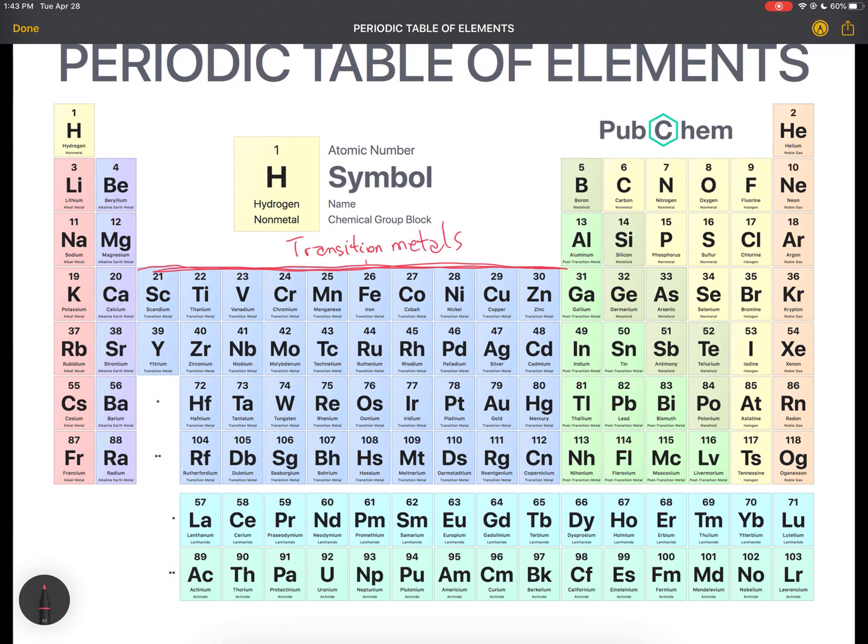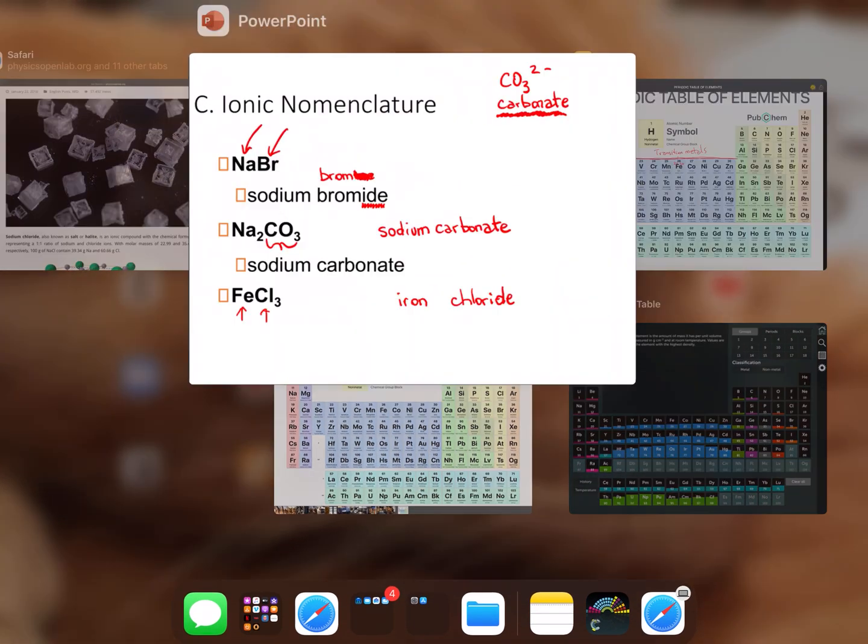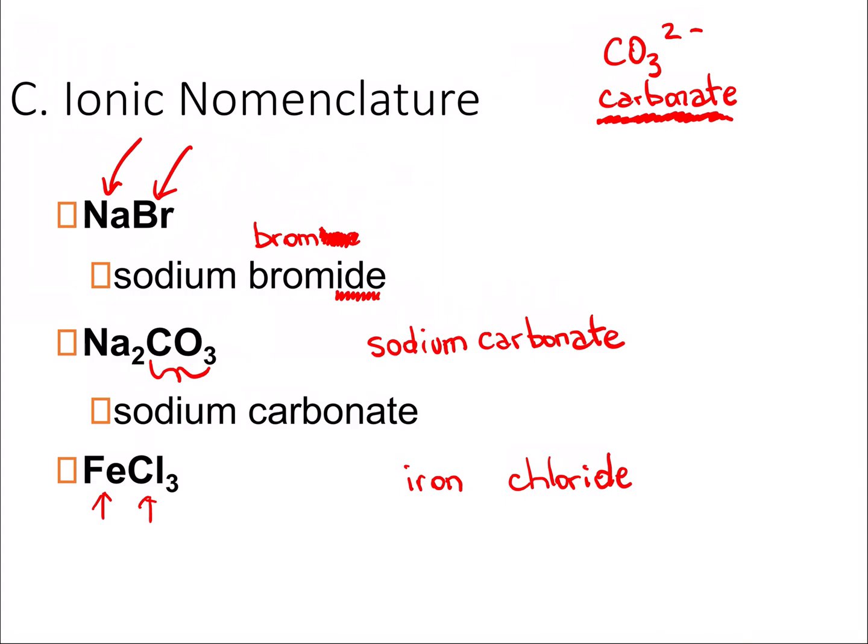Iron has a 2+ version, it has a 3+ version, and sometimes you'll see it written in here, or off to the edge. What gives it away is that chlorine, there's 3 of them, so there's going to be 3 negative charges. So in order for this to be balanced, that's probably the 3+ version of iron.